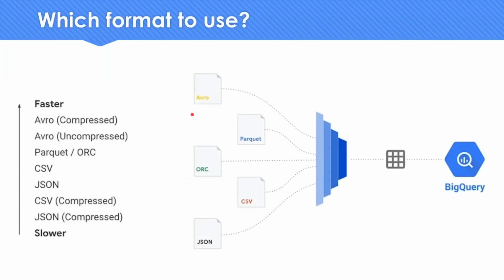indicating that Avro file format is going to be the best file format when you want to load it faster. That too, the compressed version of it is going to be the fastest one which gets loaded in BigQuery. The whole reason why I did this demo was to show you that always prefer to use Avro. Now, a person who has worked on a data warehouse knows how to query, all those things are fine.